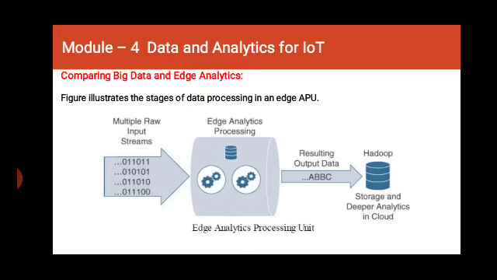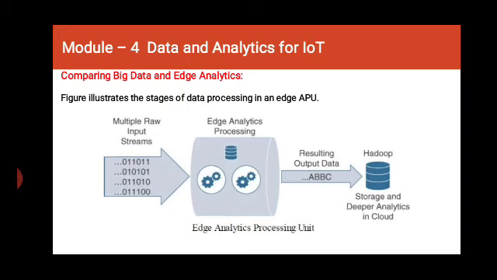Now in the figure you can see this illustrated: the stages of data processing in an edge analytics system. You have multiple raw input streams because you have multiple sensors. For each sensor you can have a separate raw input stream.